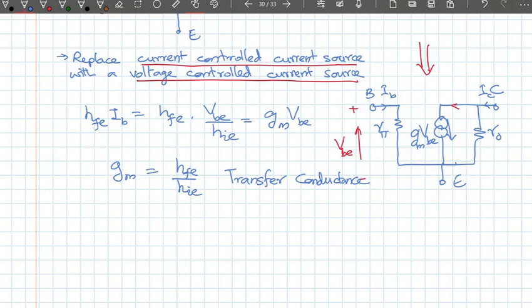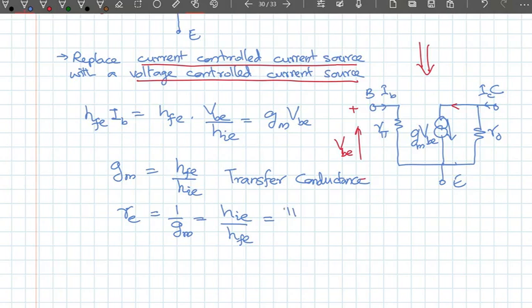So 1 over conductance, we call this RE. RE is equal to 1 over GM, which is HIE divided by HFE.